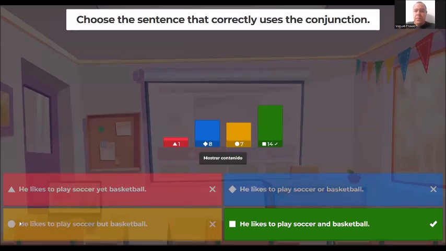The correct sentence is: He likes to play soccer and basketball. The conjunction is and.